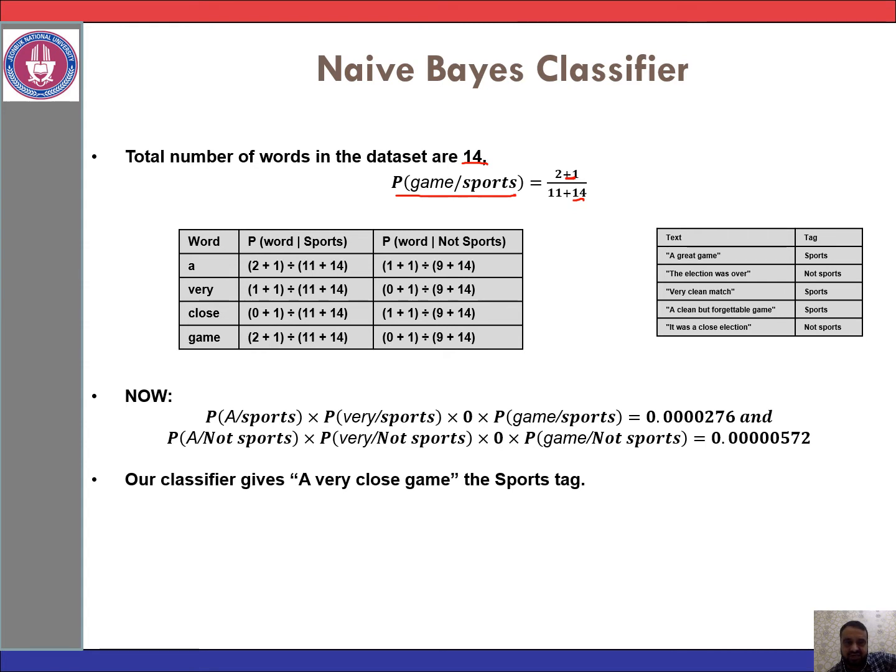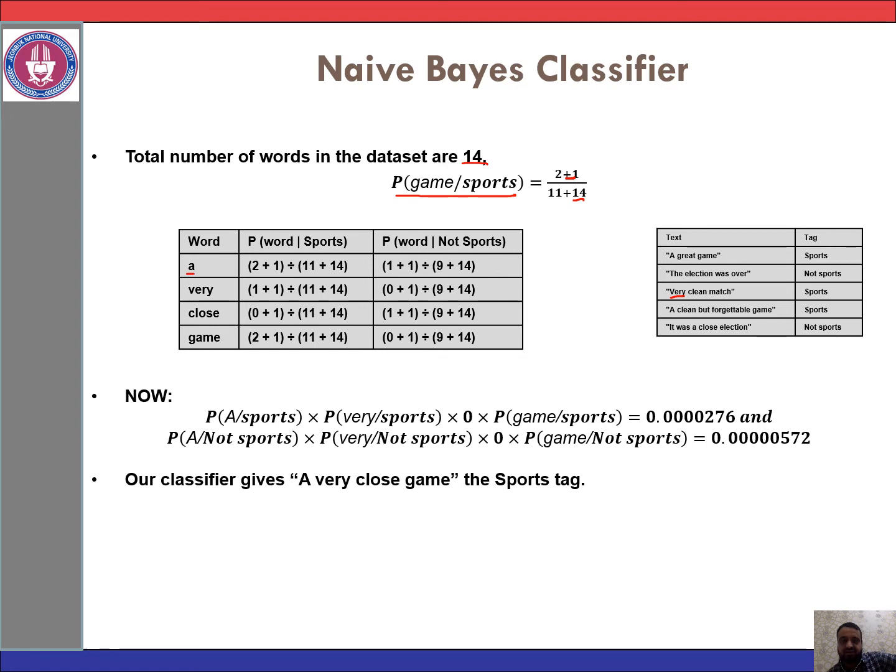Like the probability of A given it is sports is equal to 2 plus 1 divided by 11 plus 14. Similarly, the probability of very is equal to 1 plus 1. Very is repeated one time under the sports tag. We can find it here, there is no very in this sentence, it is here once, and in the last sentence there is none. So very is repeated just once, and its probability is 1 plus 1 divided by 11 plus 14.